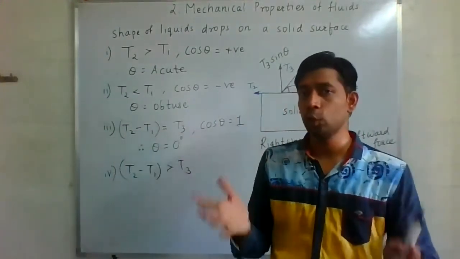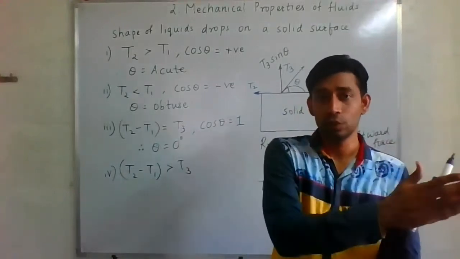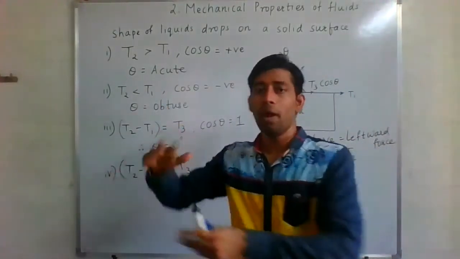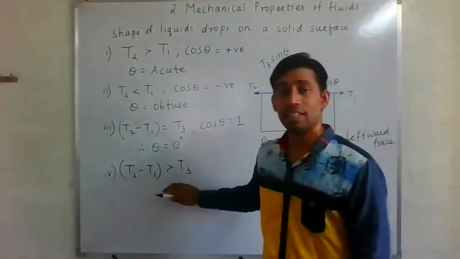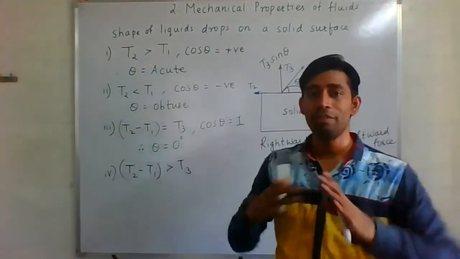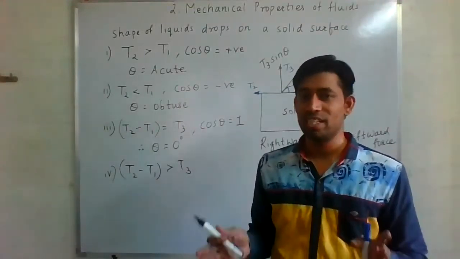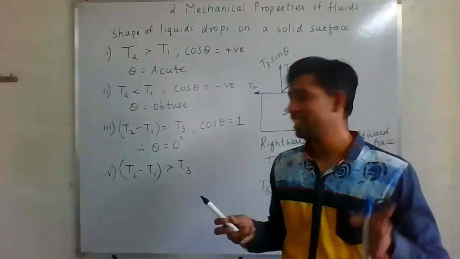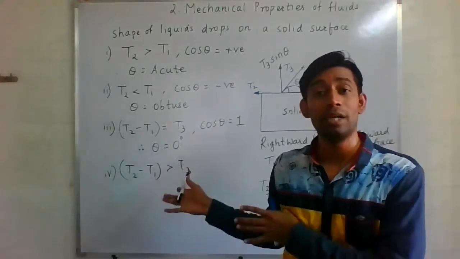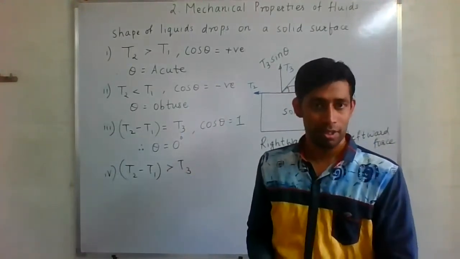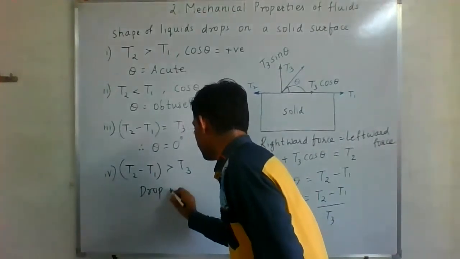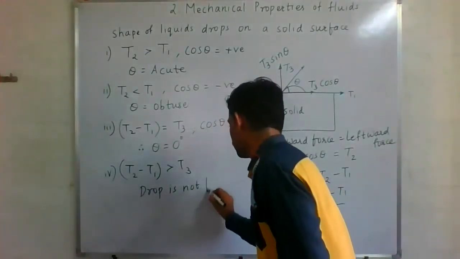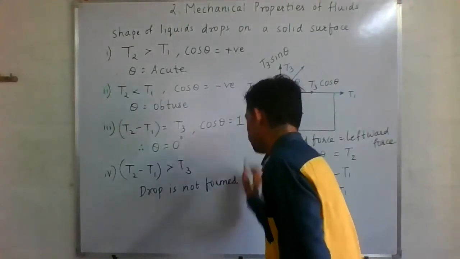Cos theta ranges from minus 1 to plus 1. Above 1, we don't have any value for cos theta. So in this case, the drop will never be formed. This is a hypothetical situation in which we will not be able to see a drop at all. So in this case, I will write: drop is not formed.